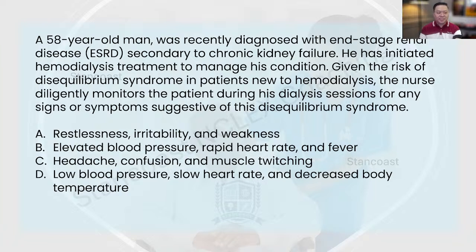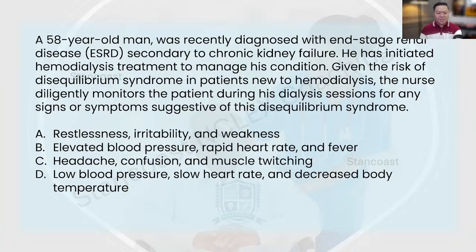Again, the question states, a 58-year-old man was recently diagnosed with end-stage renal disease secondary to chronic kidney failure. He has initiated hemodialysis treatment to manage his condition. Given the risk of disequilibrium syndrome in patients new to dialysis, the nurse diligently monitors the patient during the dialysis session for any signs or symptoms suggestive of this disequilibrium syndrome.